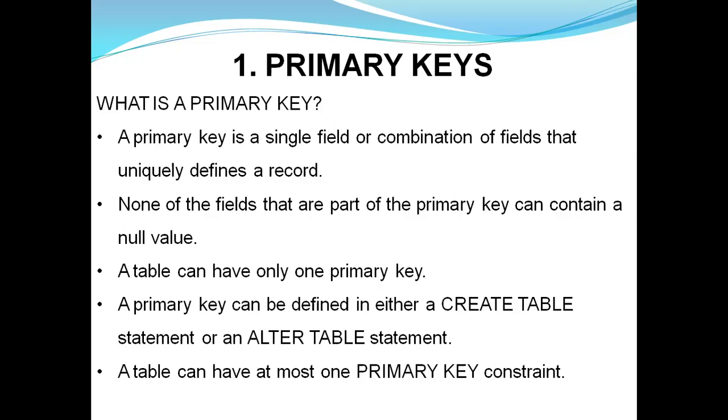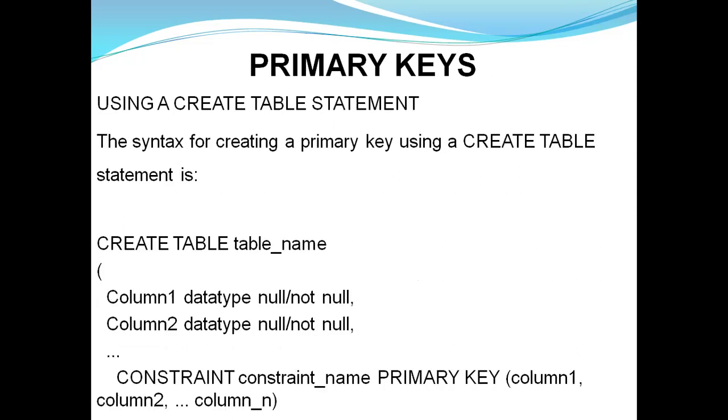Okay, so now syntax wise, how do we apply the constraint? The syntax for creating a primary key using create table is very simple. Same syntax we write: create table, table name, column, data type, followed by constraint.